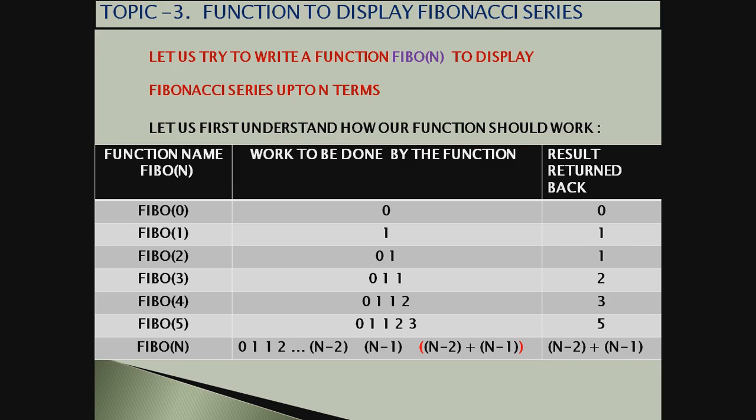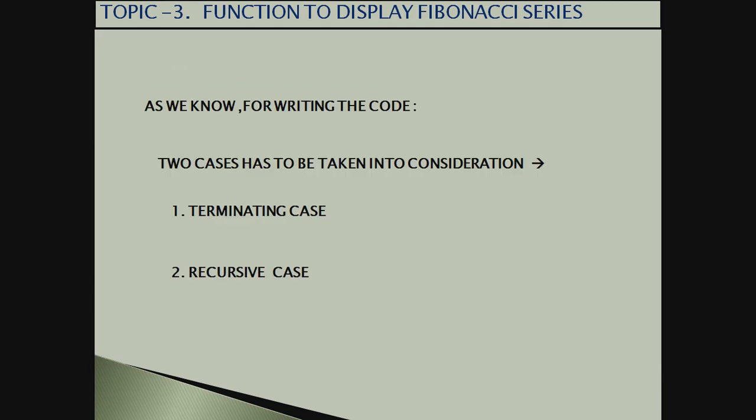So we'll keep that in mind, and at the same time we have understood that we have two given terminating cases, Fibo 0 and Fibo 1. So let us see our terminating case, and then we'll go for the recursive case also.